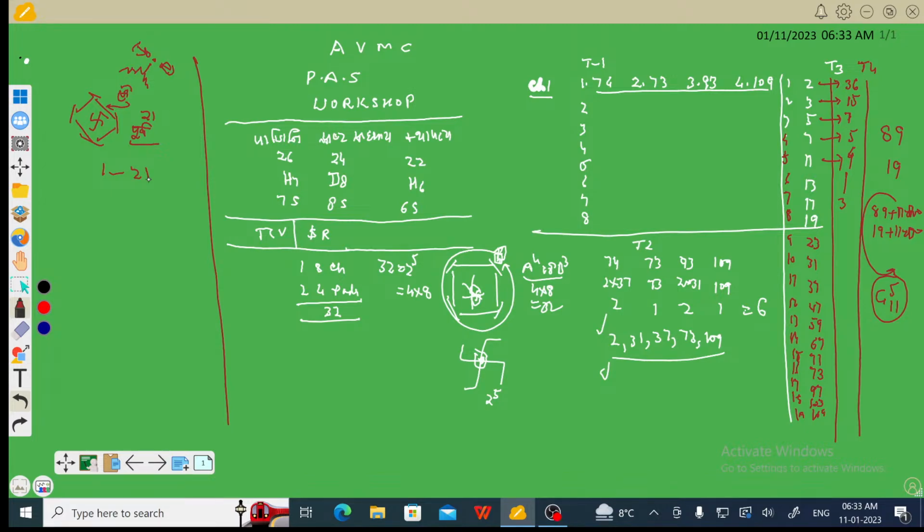Therefore, this becomes the format. It is the creator's space format within which will manifest the text of Panini Ashtadhayayi.